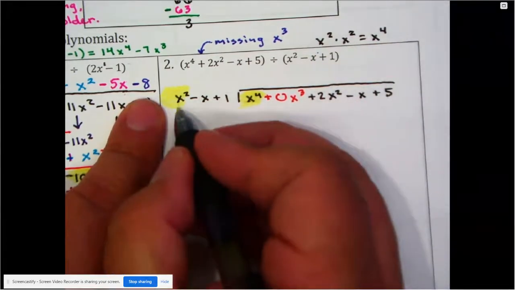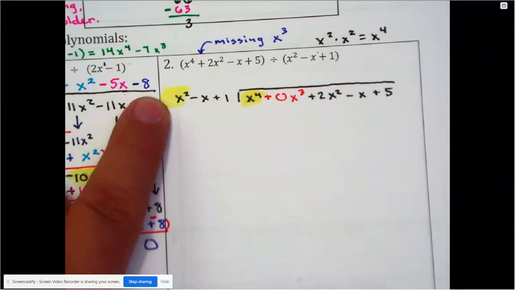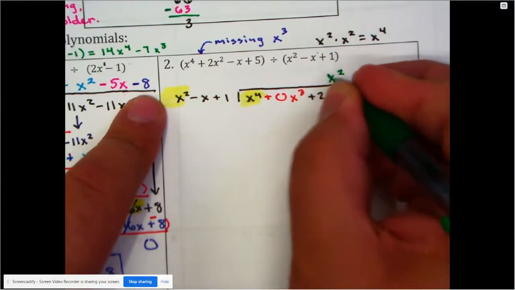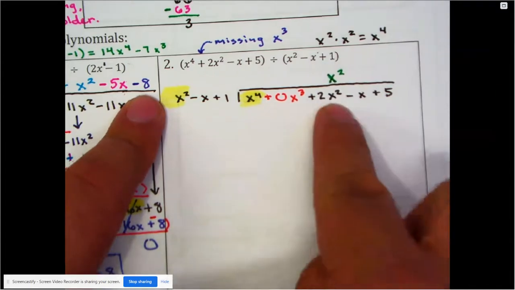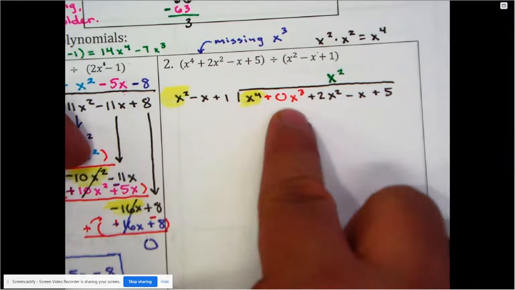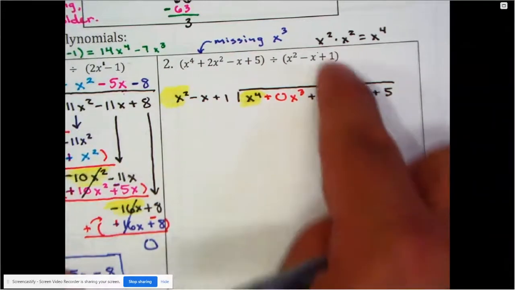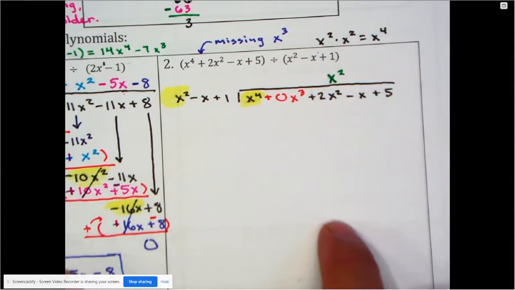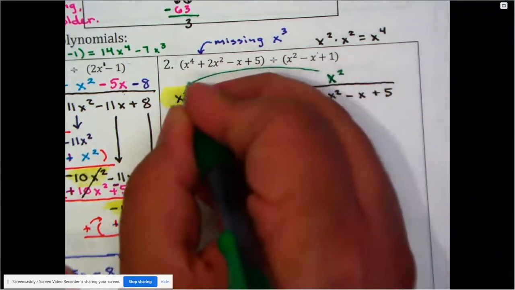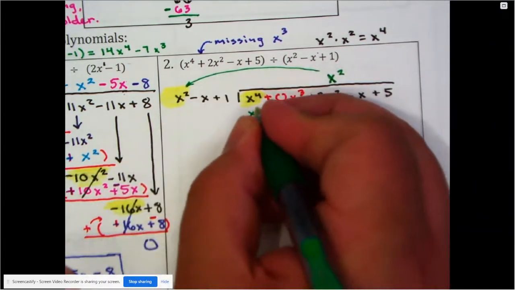So since I need an x squared, look at where we're going to write it. I'm going to write it right on top of this x squared. Notice how I'm starting 3 spaces over. Well, it makes sense. I have 3 terms. I should be starting 3 spaces over. I want all my variables to line up. Now, we're not going to multiply just here, which by the way is x to the 4.